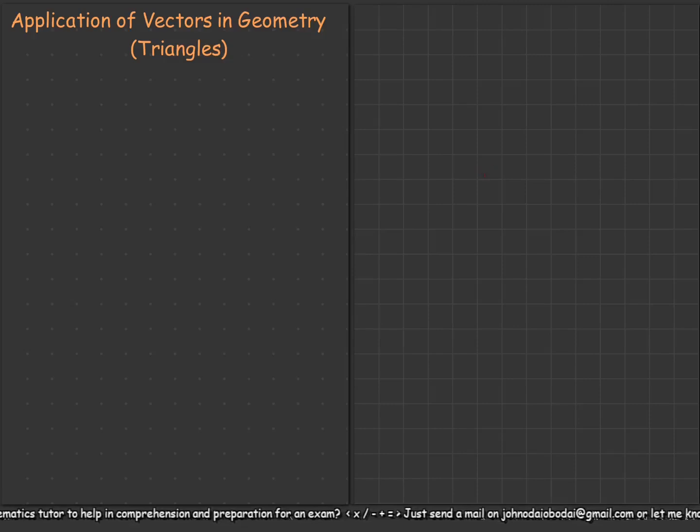Now, we would first of all need to recap what we need to know before we can go into the lesson. First of all, we have said that a vector is a quantity that has both magnitude and direction.